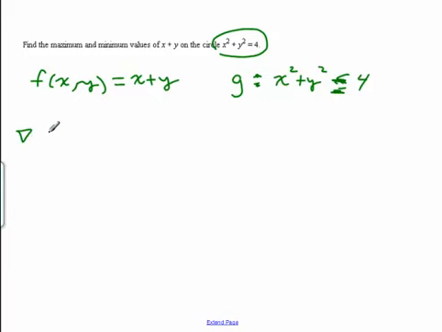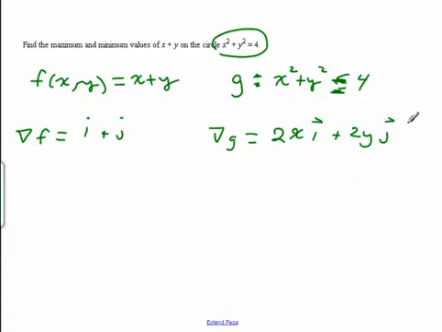So in order to find this, we find grad f, which is i plus j, and grad g, which is 2x i plus 2y j.